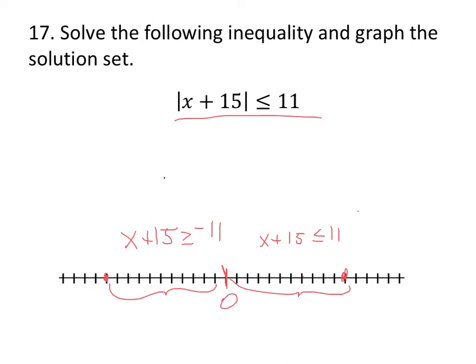So in order for that to be true, we have to write two inequalities, one for the case where x plus 15 is less than or equal to 11, and the other for the case where it's greater than or equal to negative 11. And then we solve for each case.